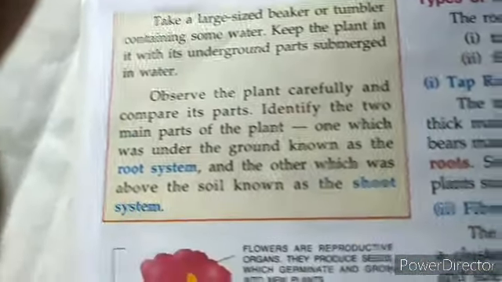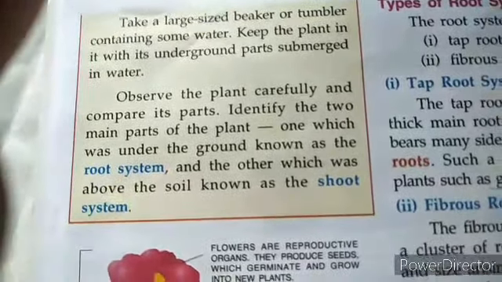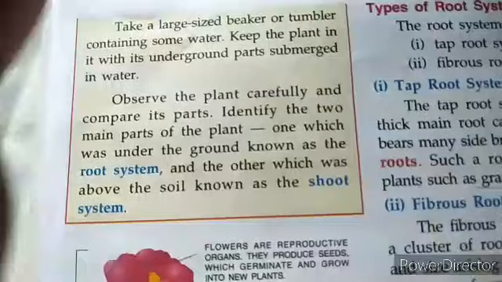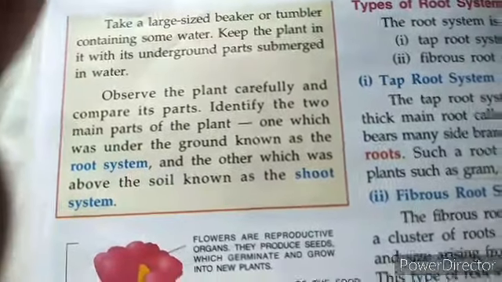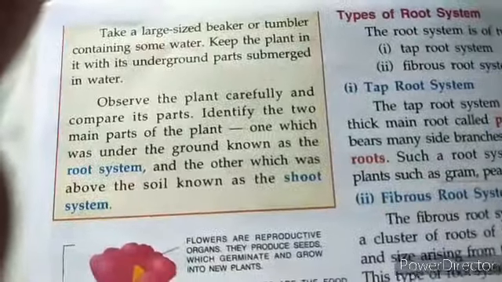Take a large size beaker or tumbler containing some water, and keep the plant in it with its underground parts submerged in water. Observe the plant carefully and compare its parts.